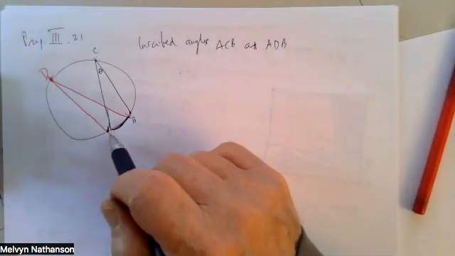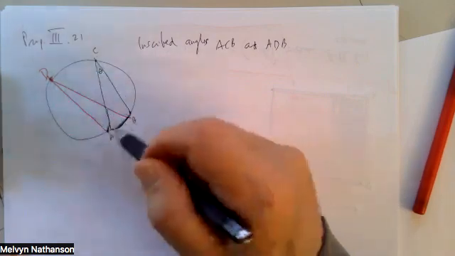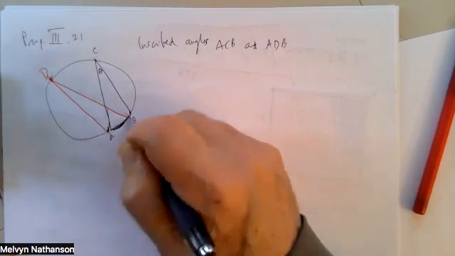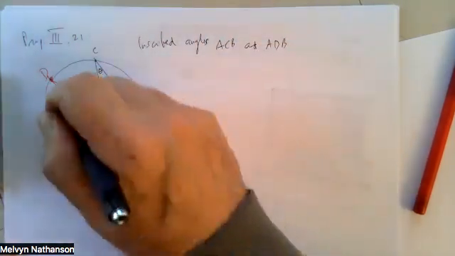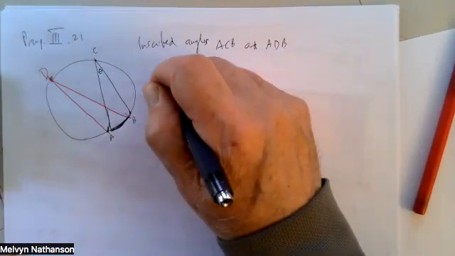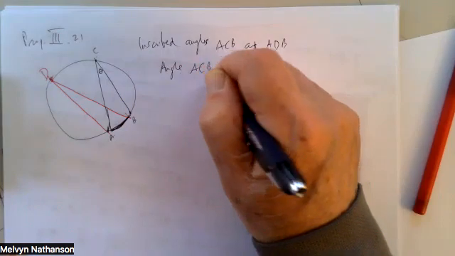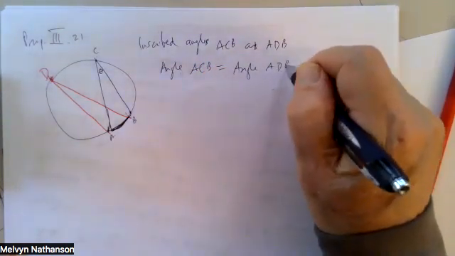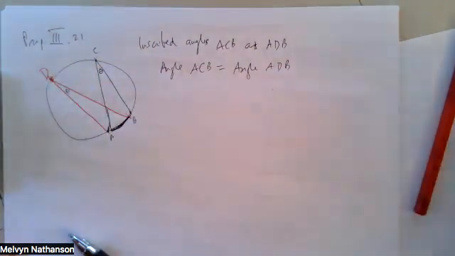These angles have the property that the vertices and the endpoints all are points on the circumference of the circle, and they cut out the same arc. And the theorem says that angle ACB equals angle ADB, no matter where you take this other point D.